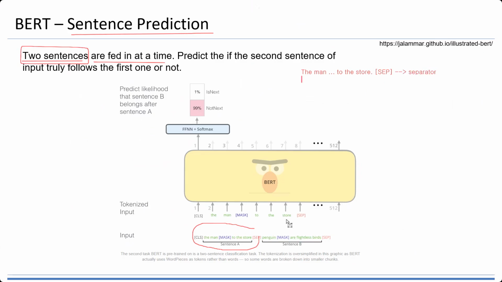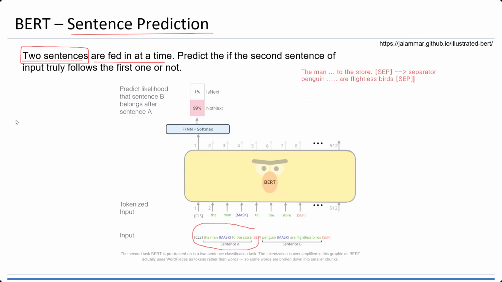So the new sentence, in this case, penguins, and then we have something that we don't know, which must be are flightless birds. And then we have another SEP. So if we have another SEP, it means it is another separator, and we can continue to another sentence.